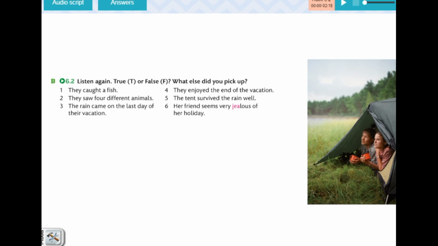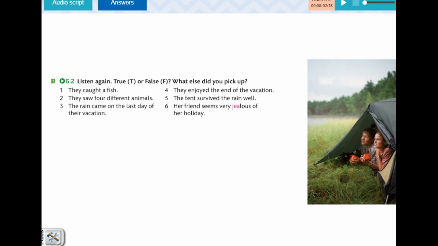Four, they enjoyed the end of their vacation. Five, the tent survived the rain well. Number six, her friend seems very jealous of her holiday. Jealous means ciumento, right? Do you think the guy got jealous because they had a very fantastic holiday?